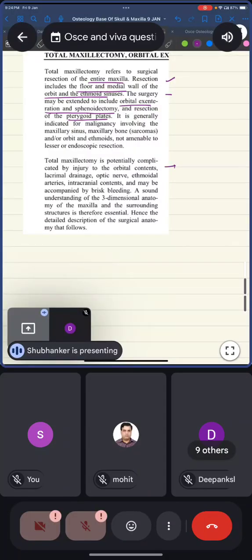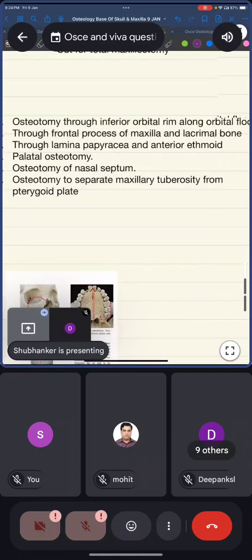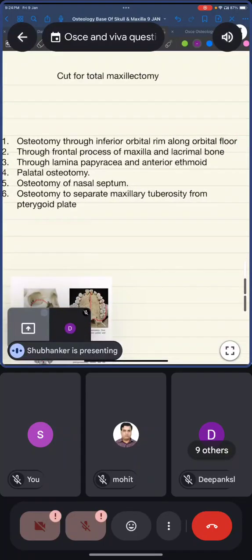Okay. Second question they might ask you is, what is the complication of this surgery? So here it's given, we'll answer it by common sense also. Okay, that we'll have injury to orbital contents like lacrimal drainage, optic nerve and all, and apart from that, bleeding risk is there. So please remember this thing. Now, second part of total maxillectomy that you have to remember is, what are the cuts for total maxillectomy.